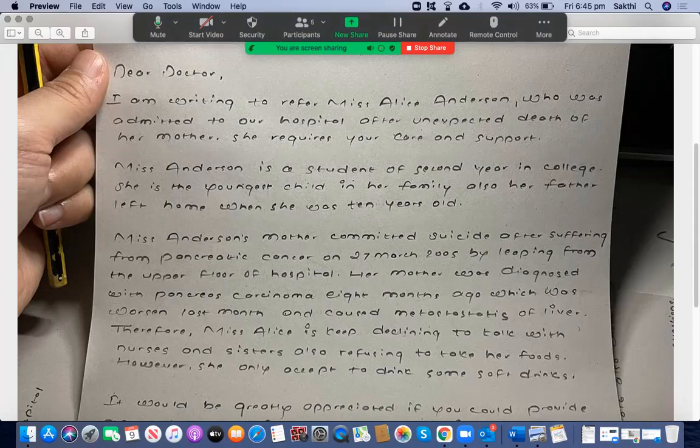Anderson's mother committed suicide after suffering from pancreatic cancer on 27 March. All right. If she has committed suicide, you have to mention the date after committed suicide. So you have to write 27 March before after suffering from.